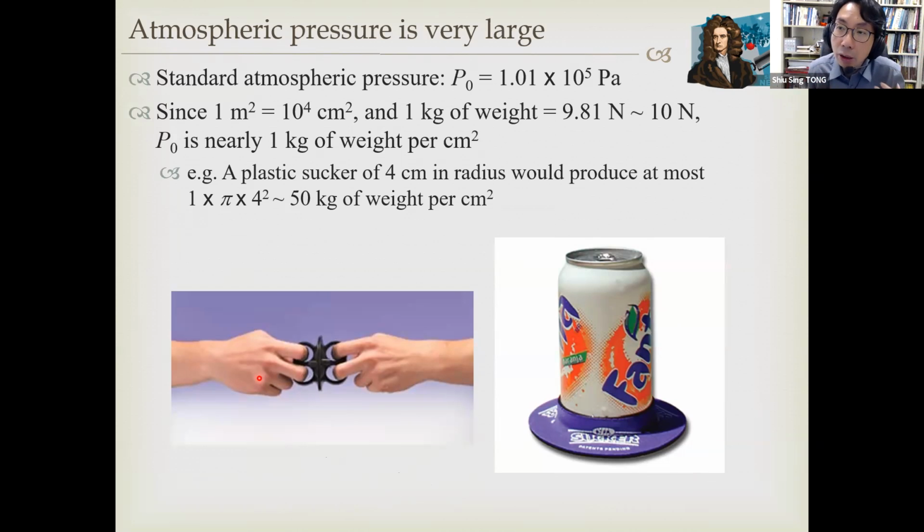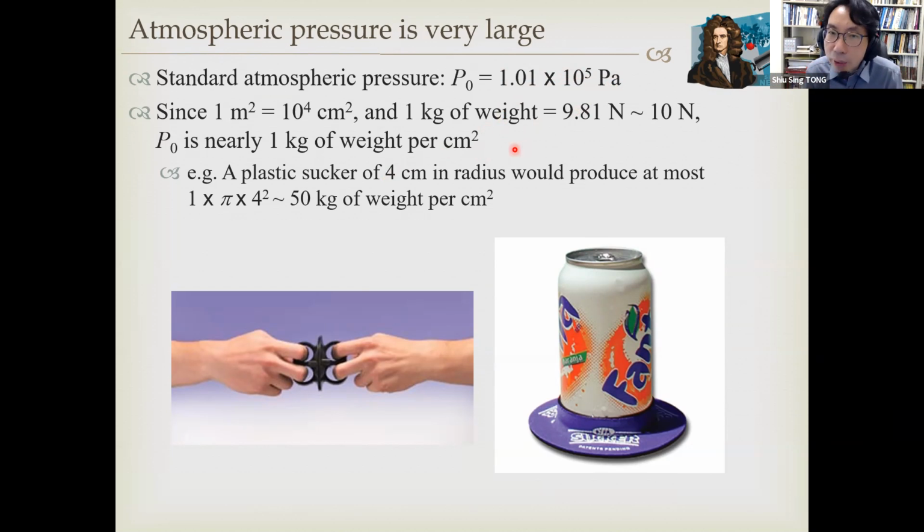So there's a balancing of force from inside our body and from the outside. Okay. Now the atmospheric pressure is typically of this order, about 10 to the power 5 Pascal. Okay. Now there's an easy way to understand it, to have a feeling of how large it is.